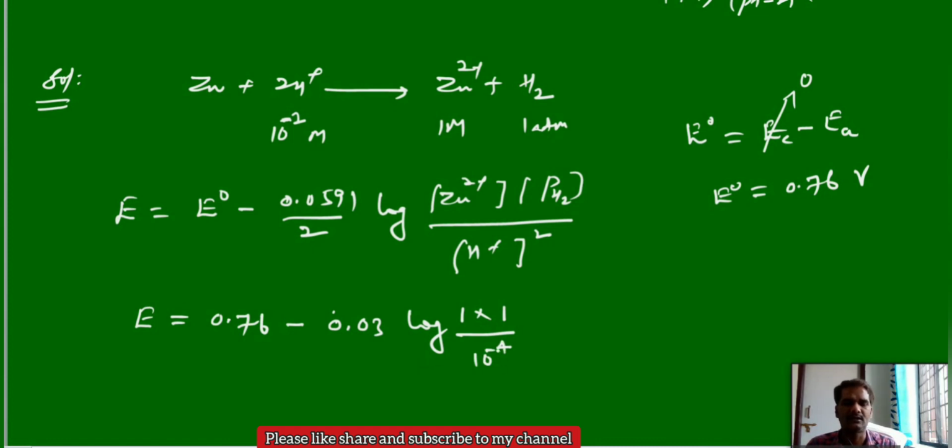That gives log 10 power 4, which is 4. So 0.76 minus 0.03 into 4, and 0.03 into 4 means 0.12. You subtract it from here, and you will get 0.64 volts. That is the resultant E cell value.